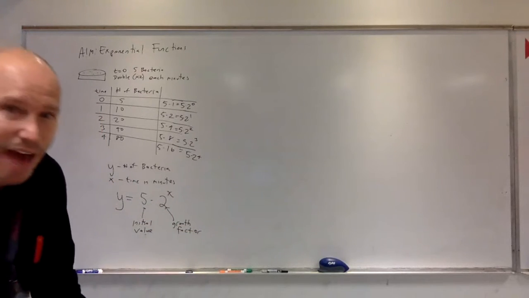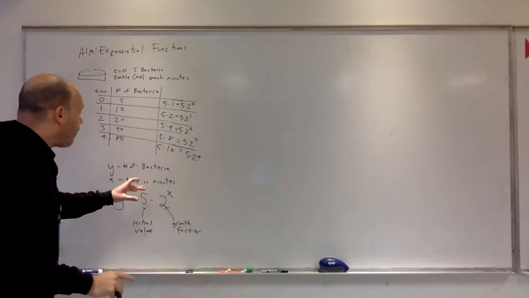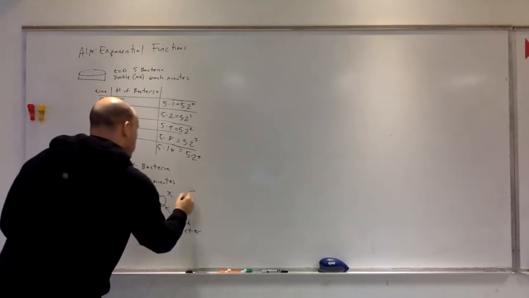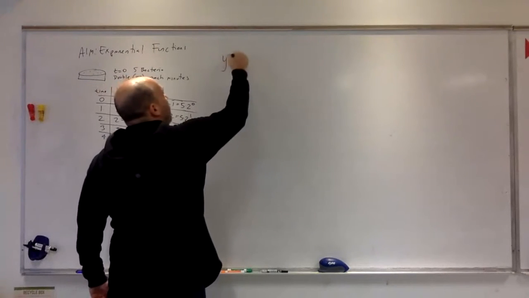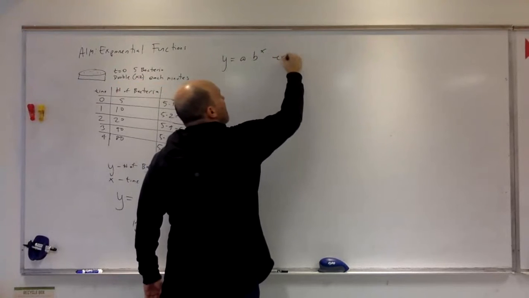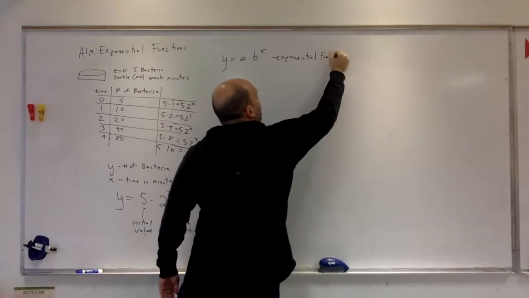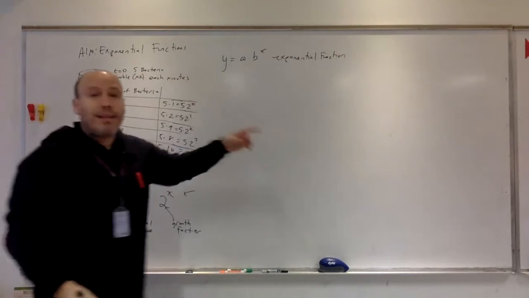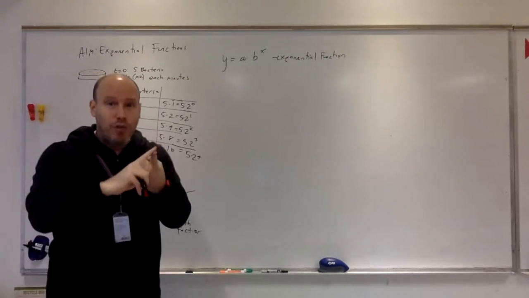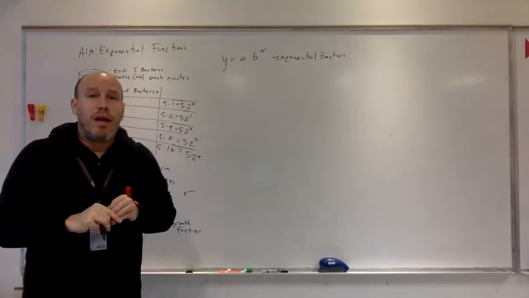And so what we have here is an exponential function. So it's different. This is an x, and this is known. So y equals a times b to the x is known as an exponential function. Okay, and like the linear, we have an initial value, the y-intercept, and a change, right?